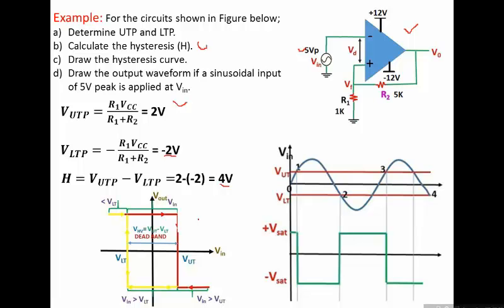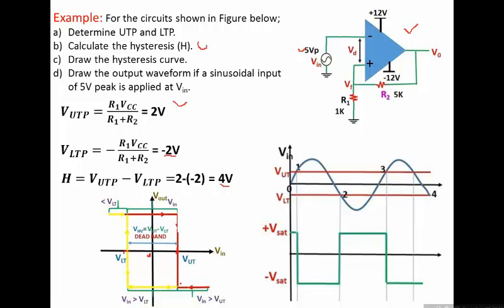Then in part C, you have to draw the hysteresis curve. The hysteresis curve is the relationship between V in and V out, and on the x-axis you define trigger points. That is, one is plus 2 volts, the other one is minus 2 volts. This is origin, and at these trigger points the output would toggle from one level to the other level.